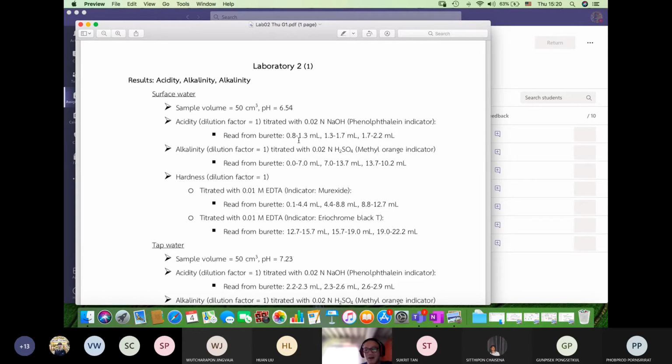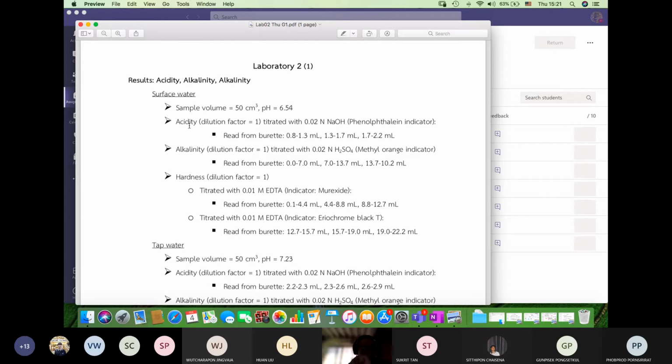So for the first trial you determine the acidity, then for the second trial you determine the acidity, and for the third trial you determine the acidity. You have 3 acidity values, then you take the average.